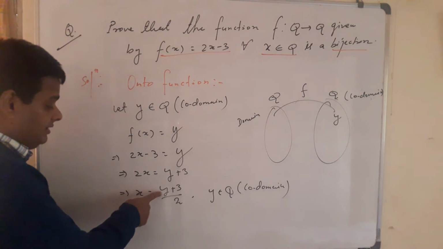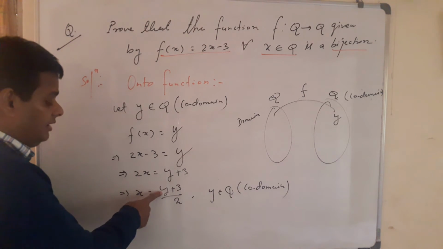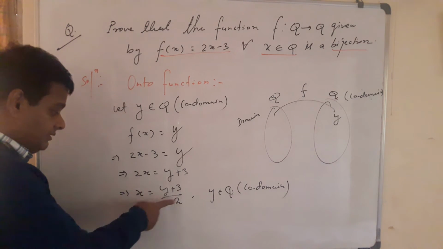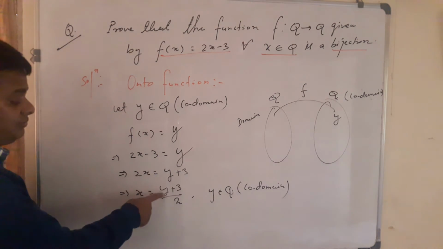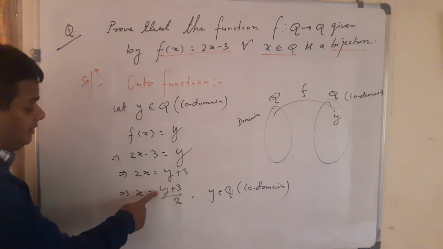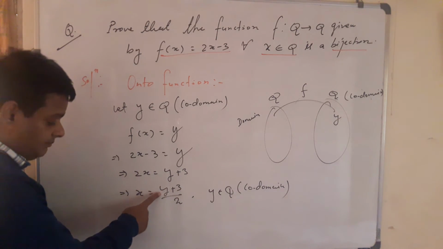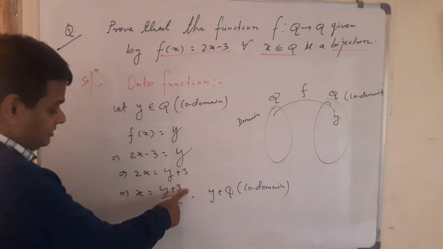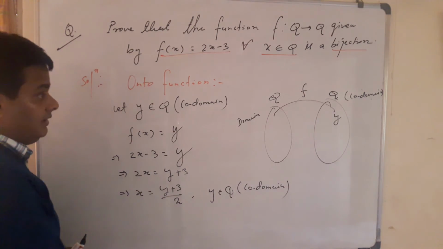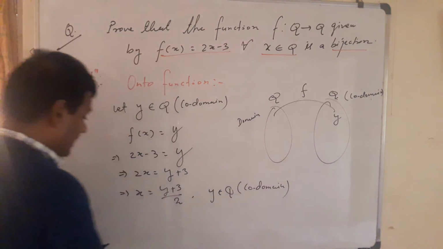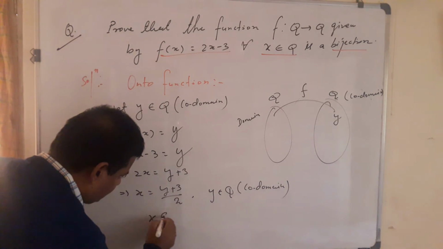You put any rational number here, and x will also be a rational number. Any rational number minus 3 divided by 2 gives a rational number. It means x belongs to Q.